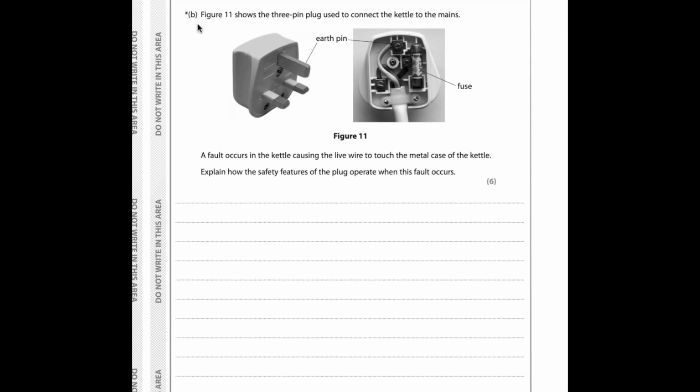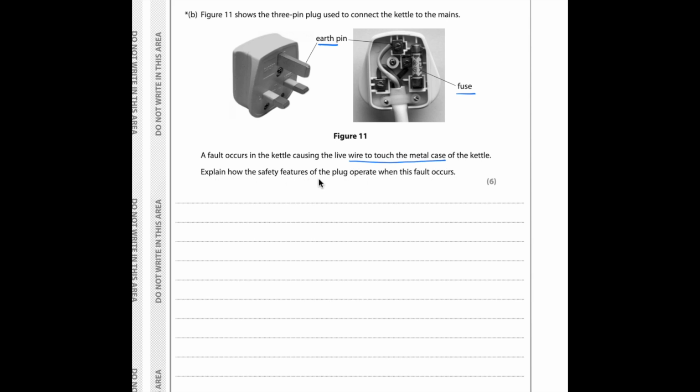Part B, final question, our 6-mark question. Figure 11 shows the 3-pin plug used to connect the kettle to the mains. Right, they've specifically talked about the earth pin and the fuse. A fault occurs in the kettle, causing the live wire to touch the metal case of the kettle.